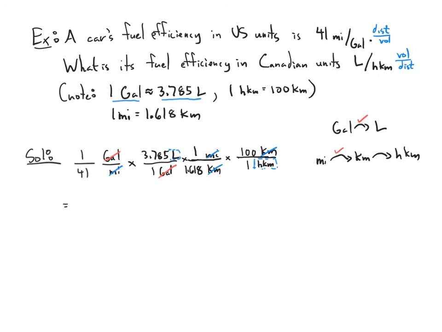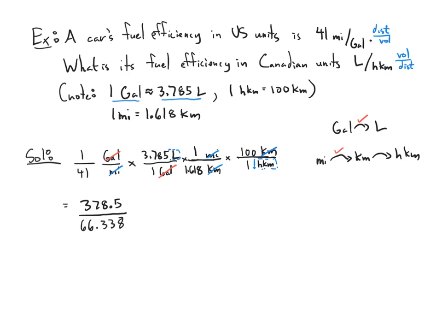So we have 1 times 3.785 times 1 times 100. I can just multiply these. If I'm multiplying 3.785 by 100, I'm just moving the decimal place over 2 places. So this is 378.5. And in my denominator, this one's a little more complicated, but I have 41 times 1.618, which ends up being 66.338.